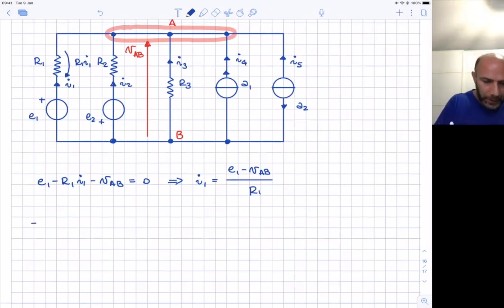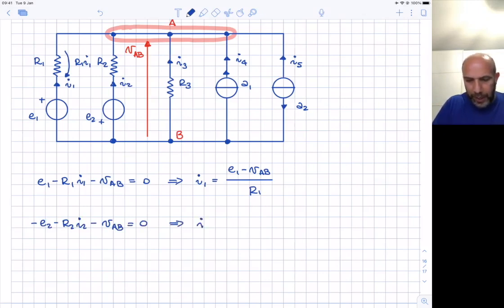We have minus E2 minus R2 I2 minus VAB equals 0. So we have that I2 equals minus E2 minus VAB divided by R2.